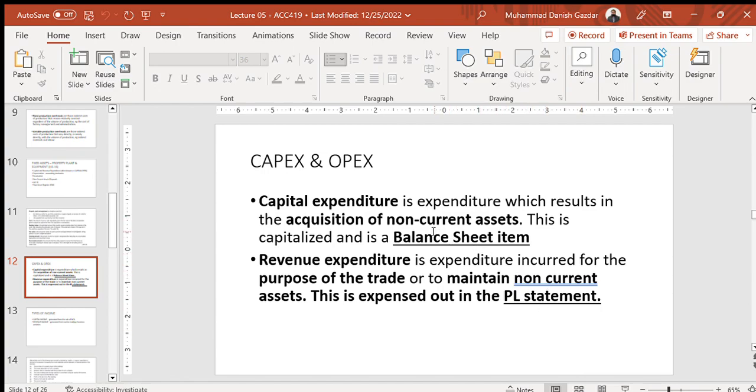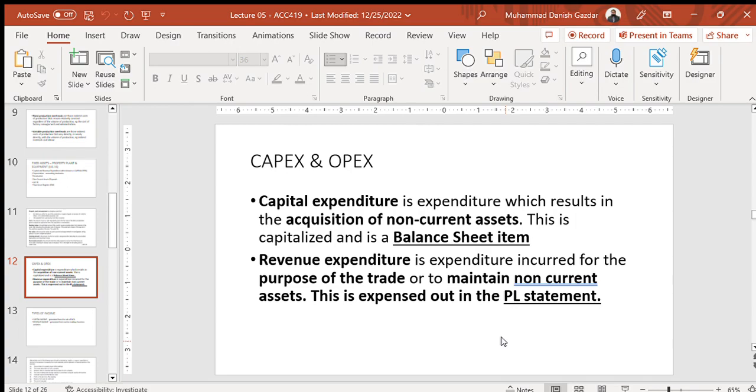Both these statements are very important for any company or sole proprietor or whatever it is, because the balance sheet will show you your business position since inception, and the P&L statement would show you your profit or loss for that specific period.